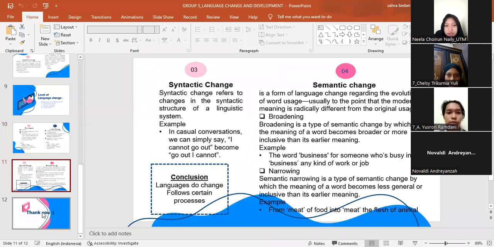Okay, so next is syntactic change and the semantic change. For the syntactic change, it refers to change in the syntactic structure of a linguistic system. So basically, syntactic change only occurs in the structure of the linguistic system.